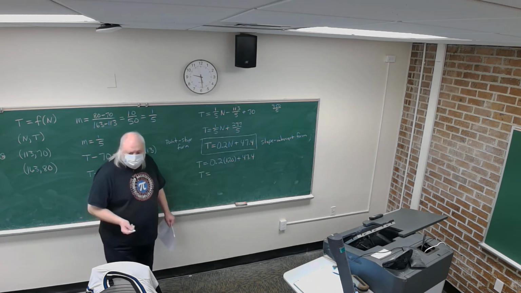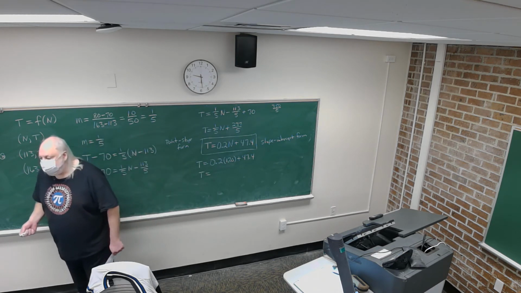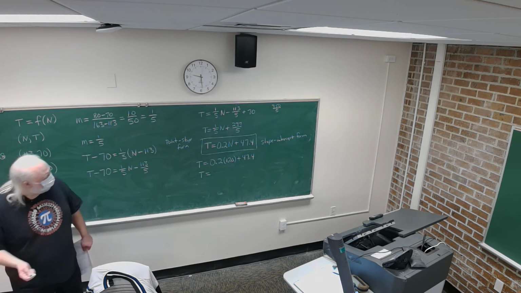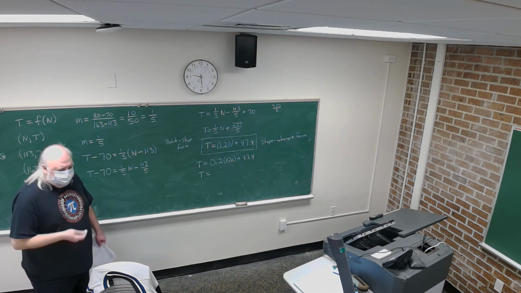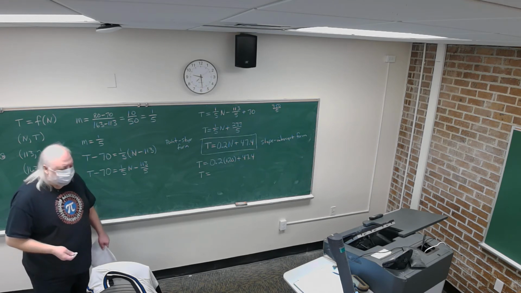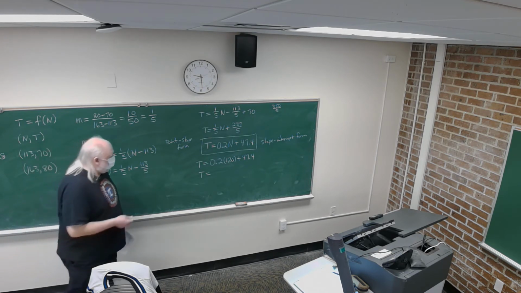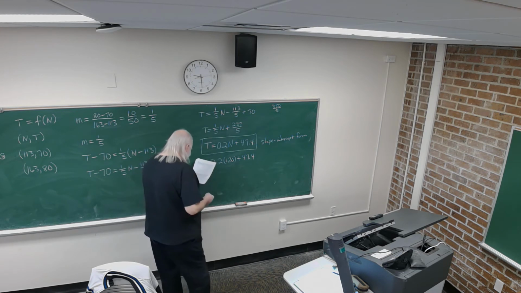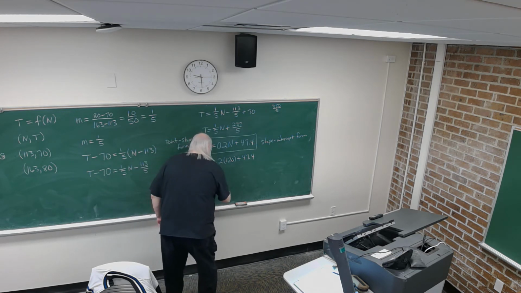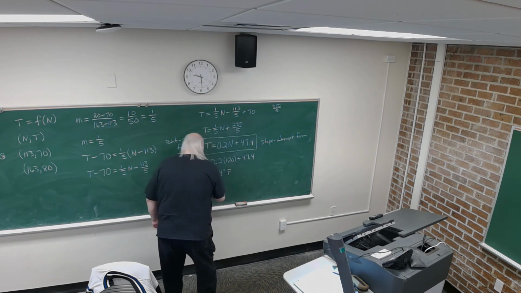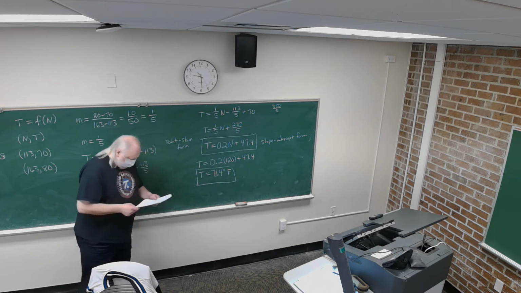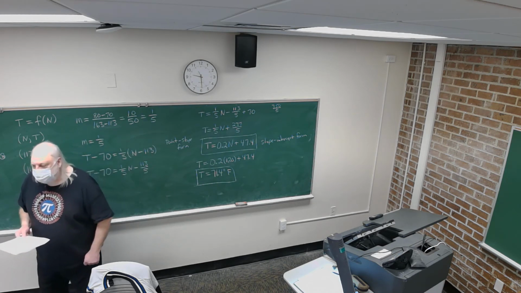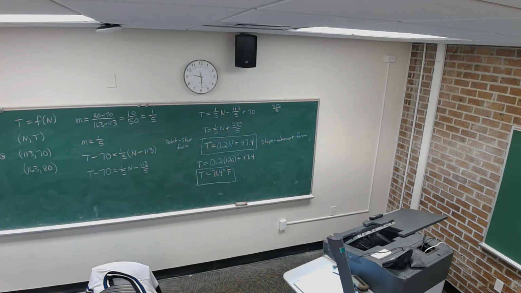We want to know what the temperature is. We don't have a temperature gauge, but we count the number of chirps per minute. With crickets chirping at 120 chirps per minute, we plug into our equation and we estimate the temperature to be 71.4 degrees Fahrenheit. Any questions on that?